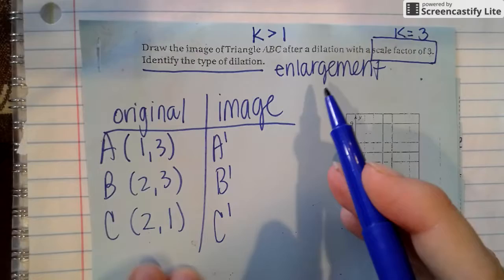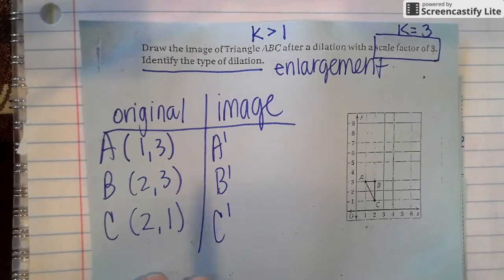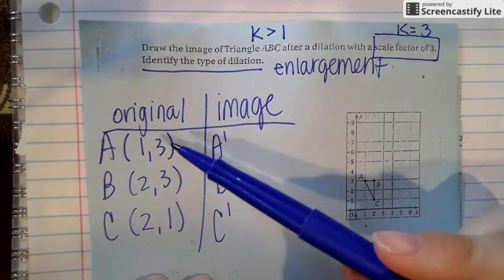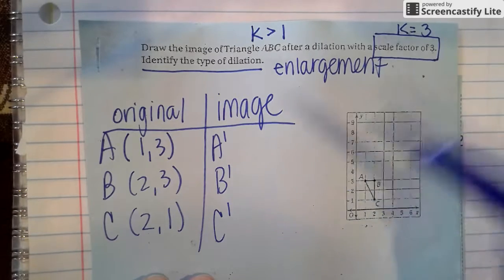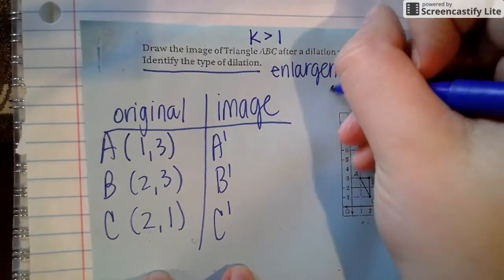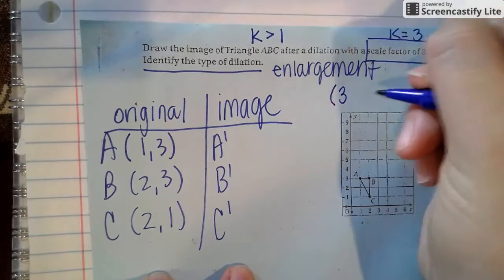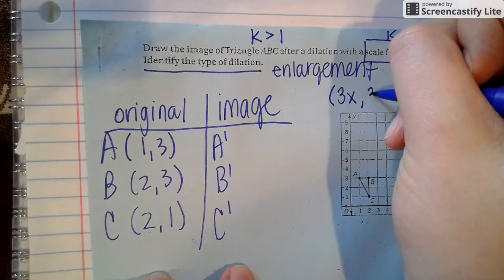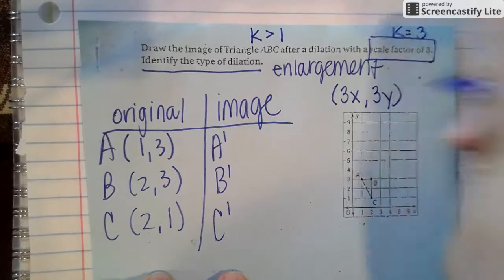For a dilation, if you see the word factor, you're always going to multiply the scale factor by that point. So technically our rule is you're taking the scale factor, which is 3, and multiplying it by our x, and you're going to take the scale factor of 3 and multiply it by our y.